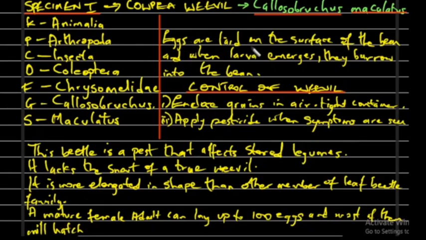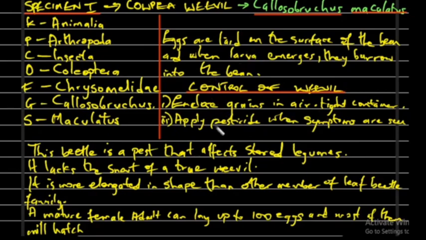The eggs are laid on the surface of the bean, and when they are laid, the larva emerges, and then the larva burrows into the bean seed. That is how this particular pest works.